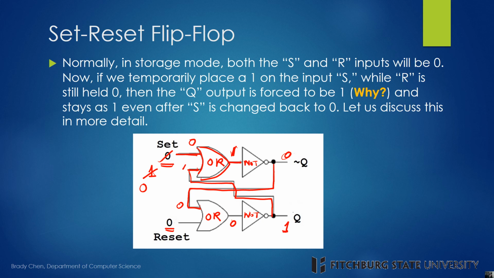So now we're in the stable state. Both the set and the reset values are 0. So the value we stored in the flip-flop is 1, because this is a stable value.